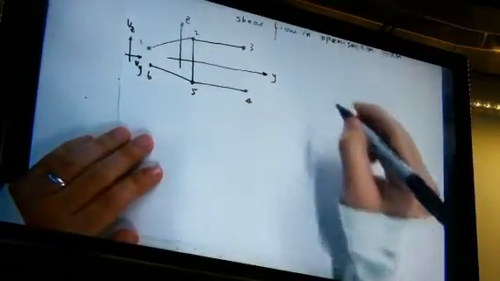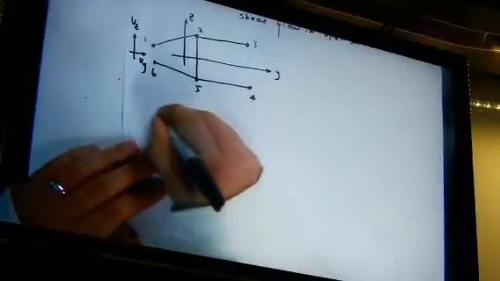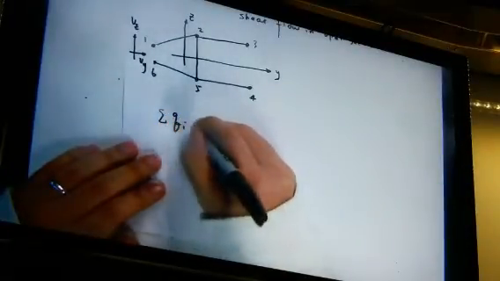The formula that we can use is this one, QI, the general formula.